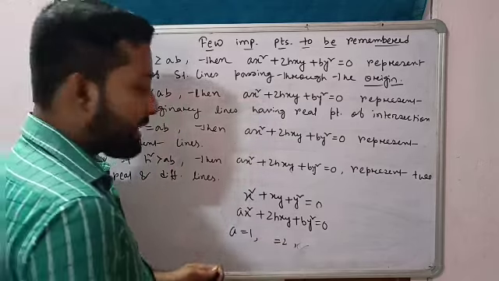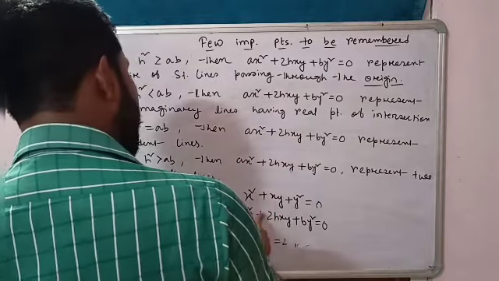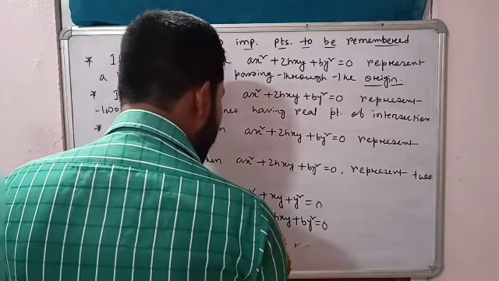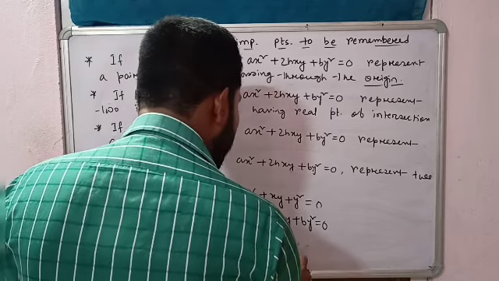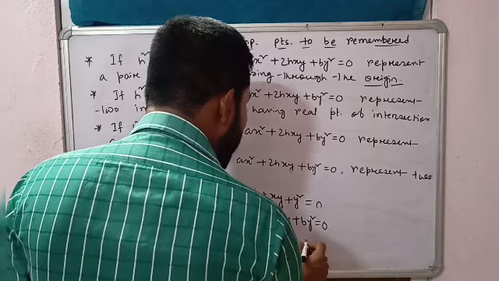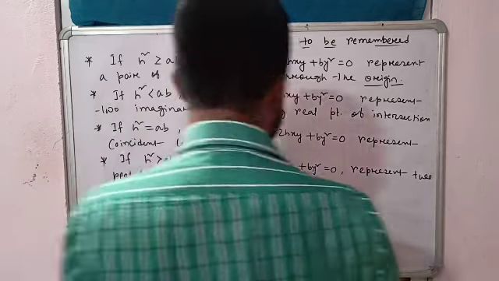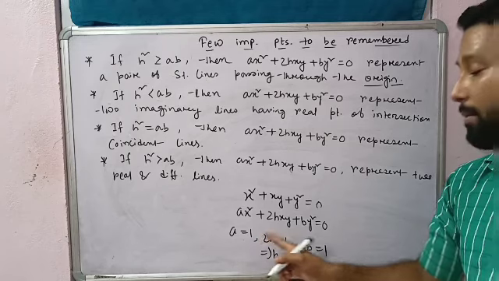If I check this one, A is 1, twice h का वैल्यू है 1, तो h का वैल्यू हो जाएगा half. h is equal to half, and the value of b is equal to 1, right?